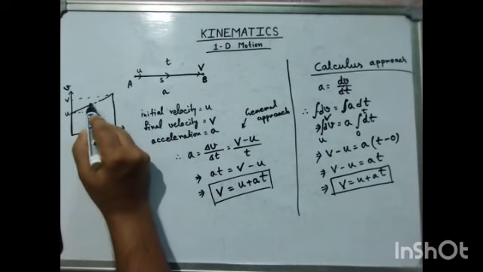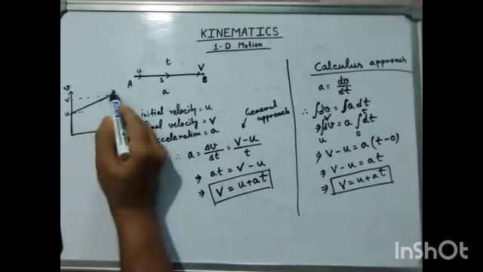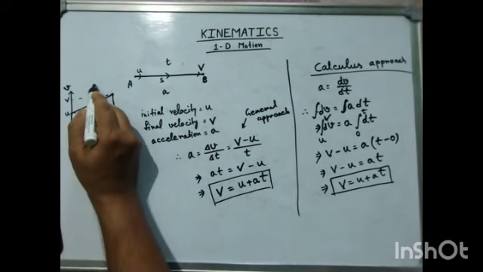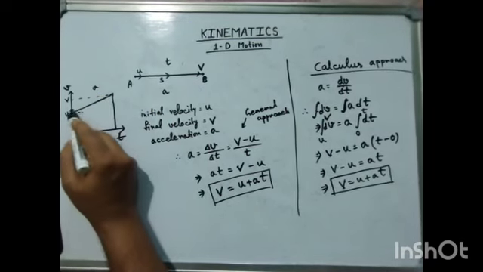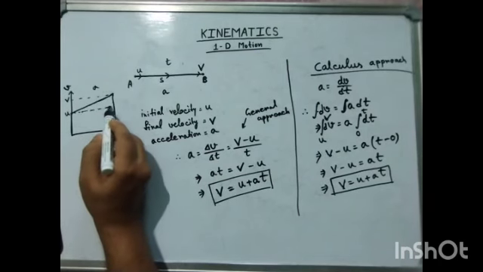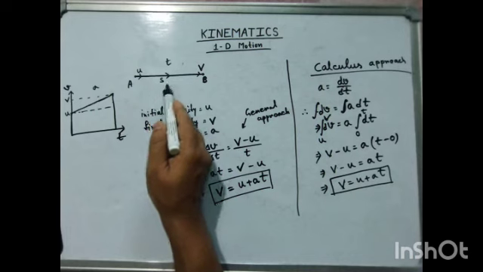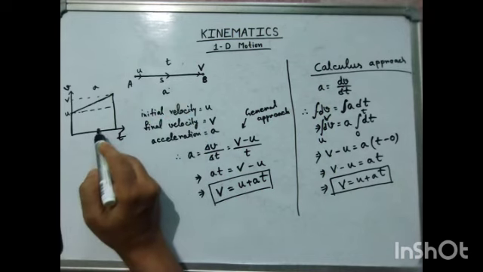So speed increases with a constant slope, and this slope value is a, because it is given that we are moving with a constant acceleration.